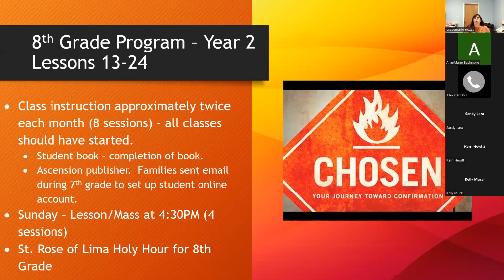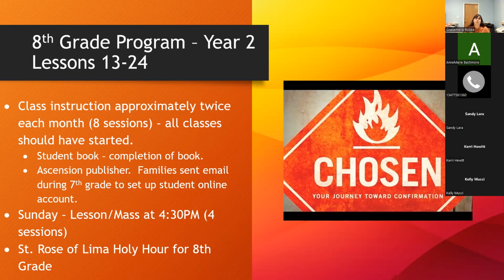While there are a total of 12 lessons for the year, 8 of the sessions take place in the class, whether it's in your child's catechist's home or here on campus in a school classroom. They should have started already. We are actually quite well underway.